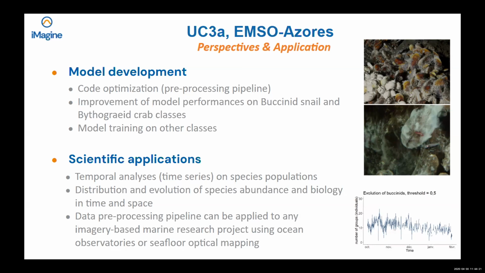We would like also to improve the model performance on buccinid snail and beetle-grade crab by introducing new data in the training dataset. And we would like also to train the model on other species, of course.